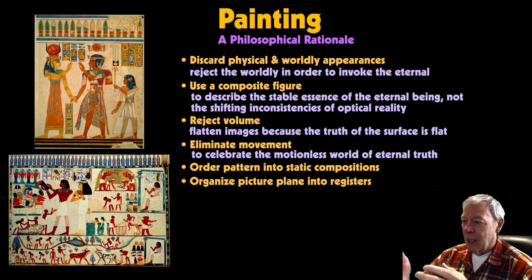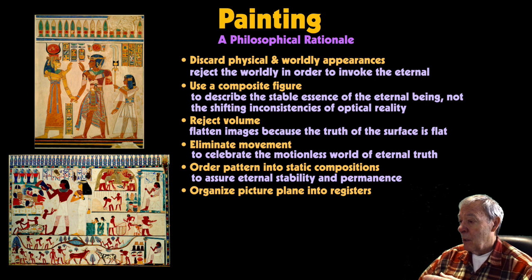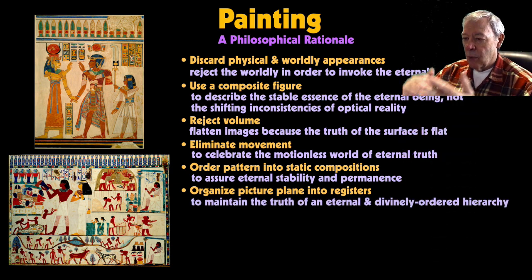So here again, order pattern in these images into static compositions in order to assure eternal stability and permanence in terms of what the art represents. And then organize the picture plane into registers, these horizontal zones. I would argue that this is to maintain the truth of an eternal and divinely ordered hierarchy.